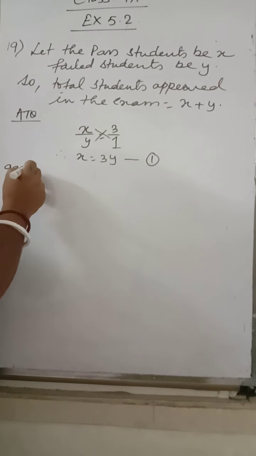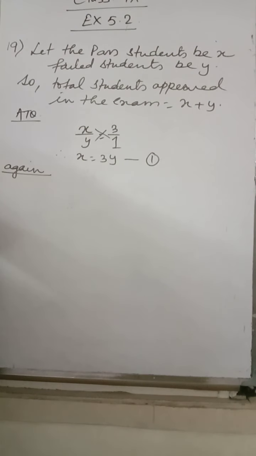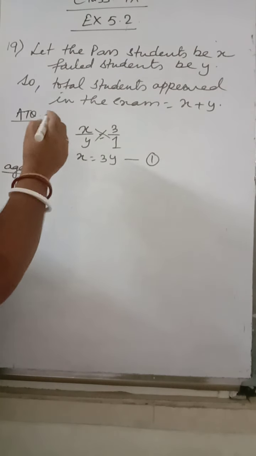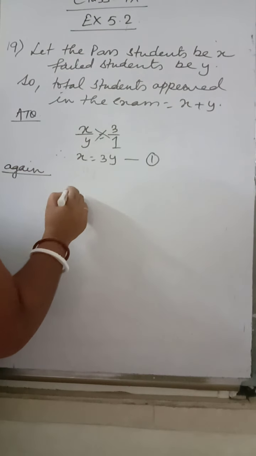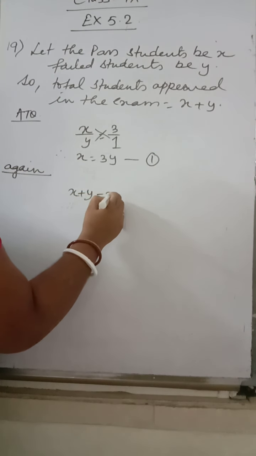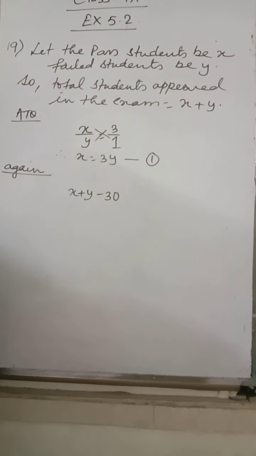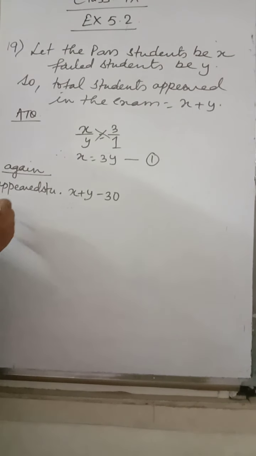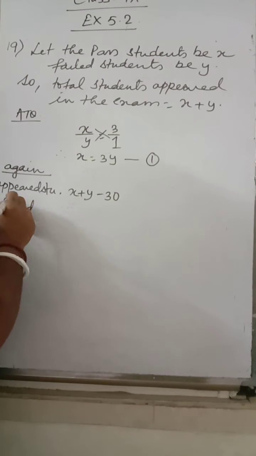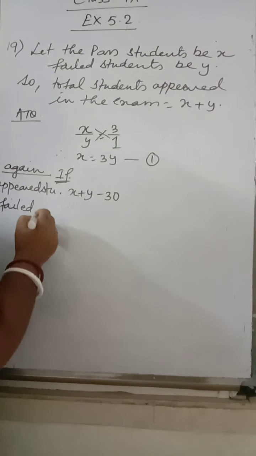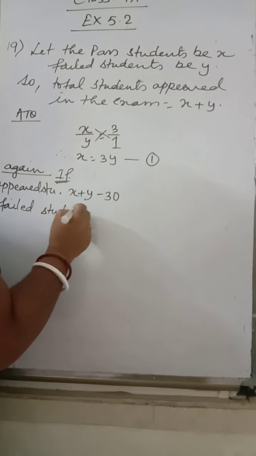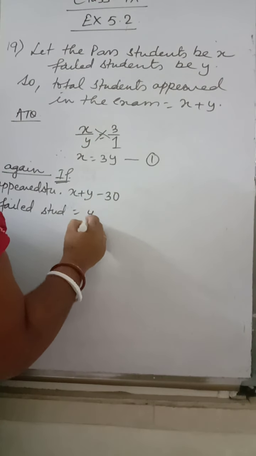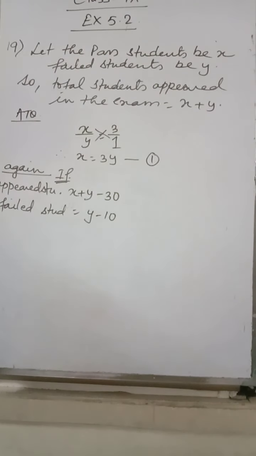Again it says if 30 less appeared. So what was appeared students? x plus y minus 30. Is it appeared students? And 10 less failed. Failed students were y, now they are saying 10 less failed.